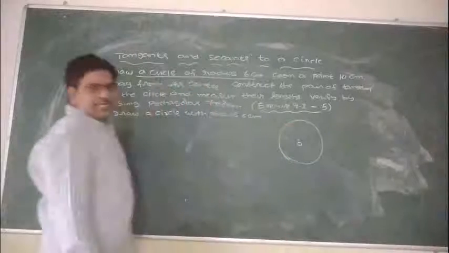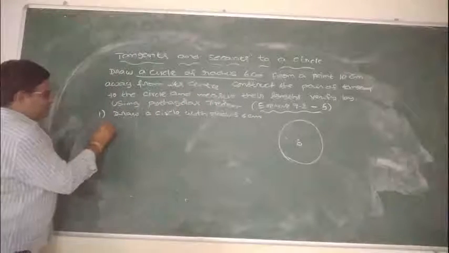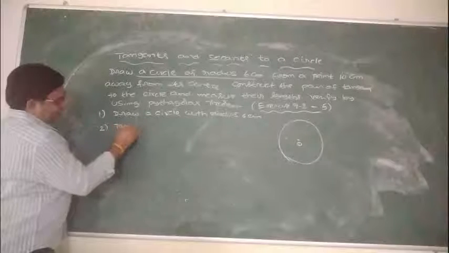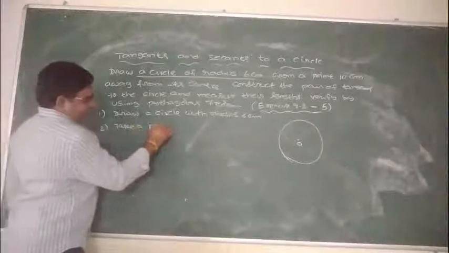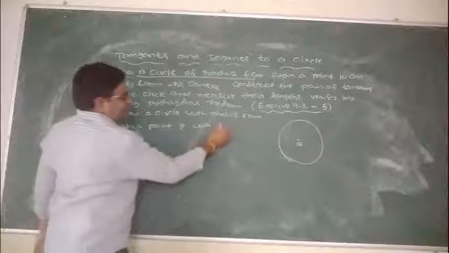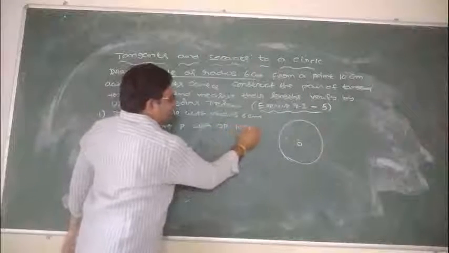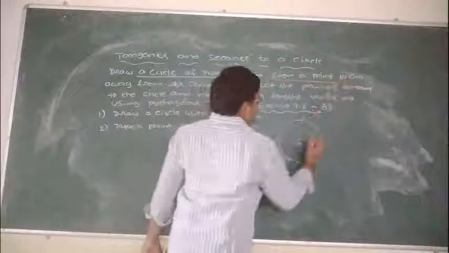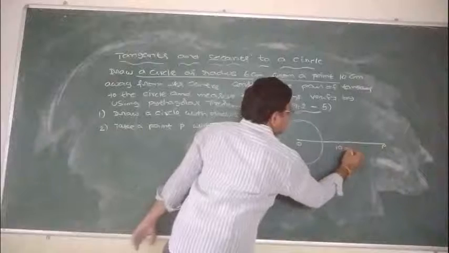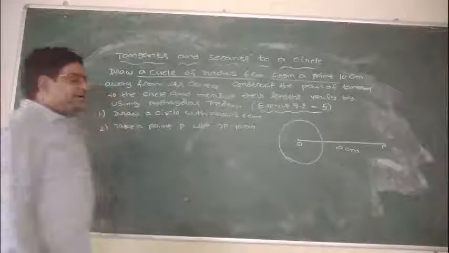I draw a circle of 6 centimeters. Step number 2: take a point P with OP equal to 10 centimeters, because the point is 10 centimeters away. Here is P, this is the 10 centimeters.